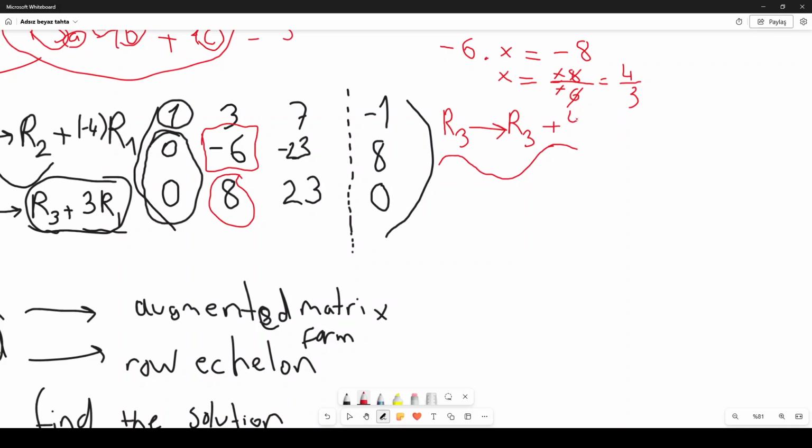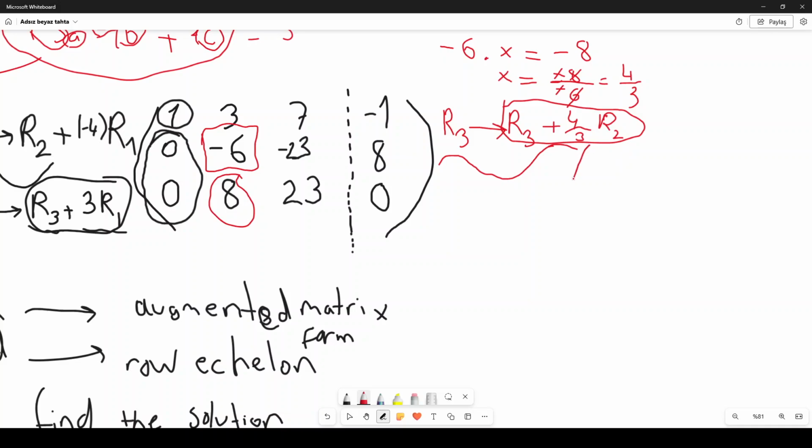So if I multiply the second row by 4 over 3, alright, and then add it to row number 3 and replace row number 3 by this right hand side equivalent, then I reach my goal.